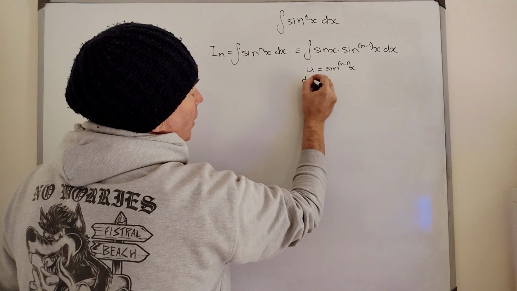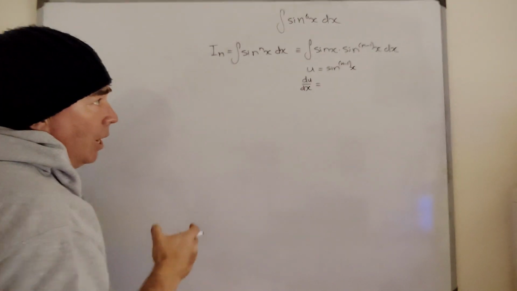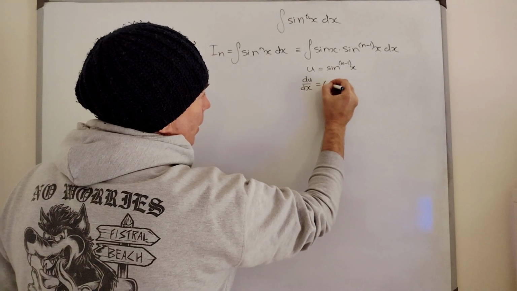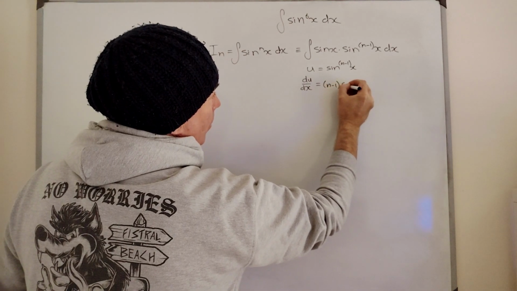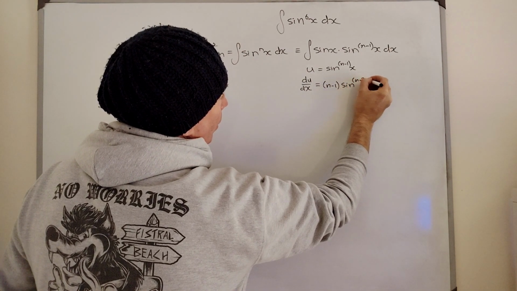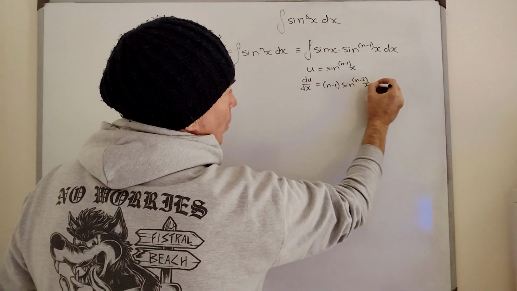and therefore we have to differentiate that using the chain rule. You can do that on the side. I'm just going to go straight ahead and differentiate. So du/dx becomes (n-1) multiplied by the function sine^(n-2) x, and then multiplied by the derivative of sine x, which is cos x.